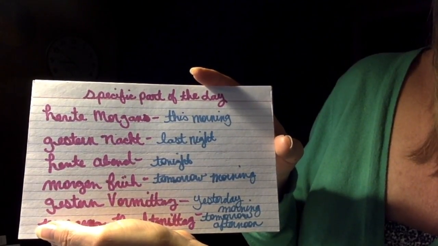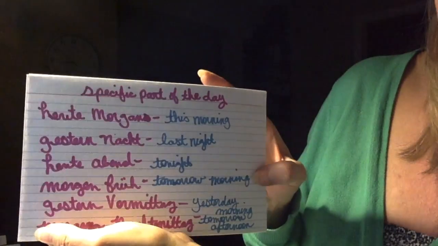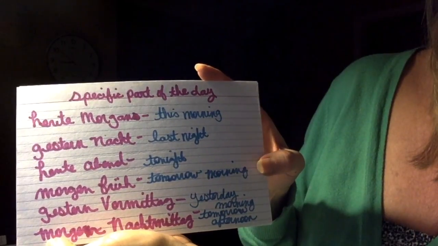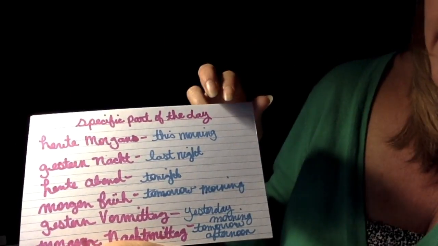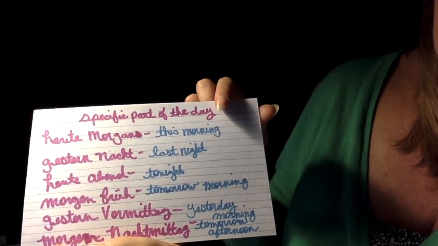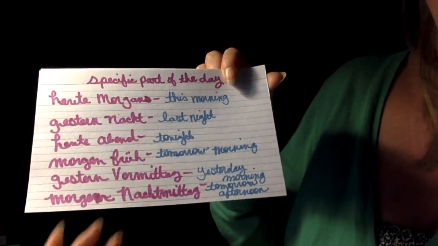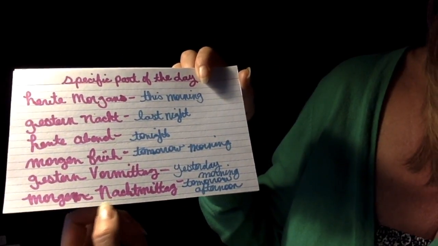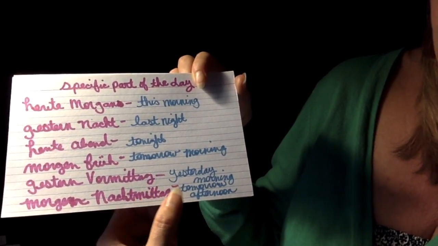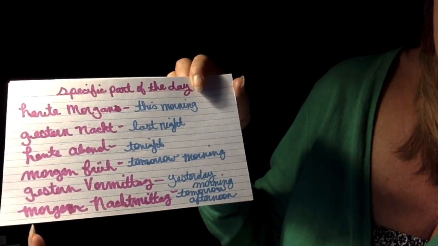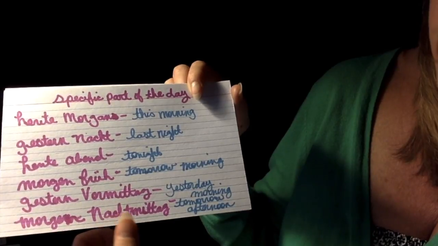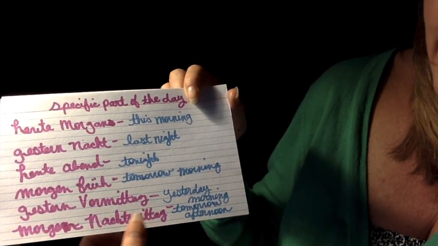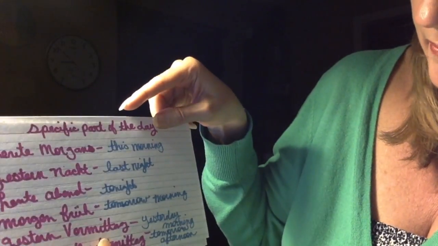Morgen früh, tomorrow morning. Gestern Vormittag, there's our Vor before Mittag, middle of the day. Yesterday morning. And then morgen nachmittag, tomorrow afternoon. You have your morgen for tomorrow, nach, after, Mittag, middle of the day.